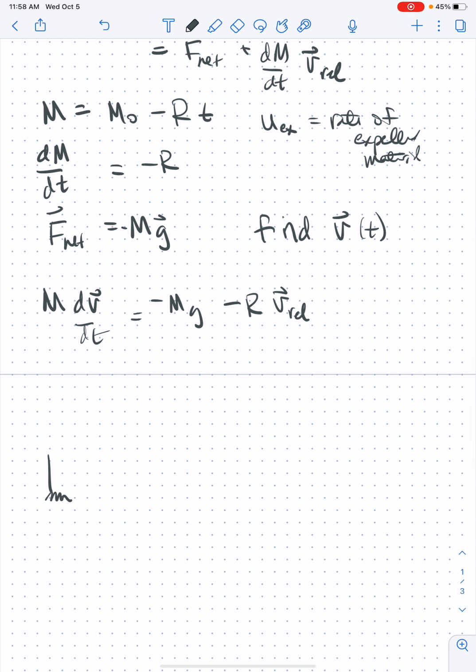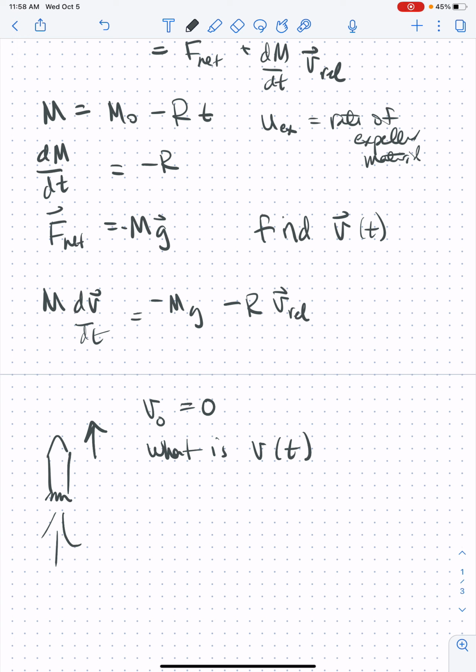Okay, so we're going to assume, let's draw a picture here actually. So we've got our rocket that is moving upward, okay? And we want to know if it starts with v naught is 0, what is v as a function of time?